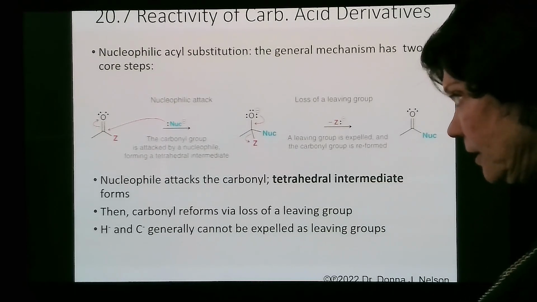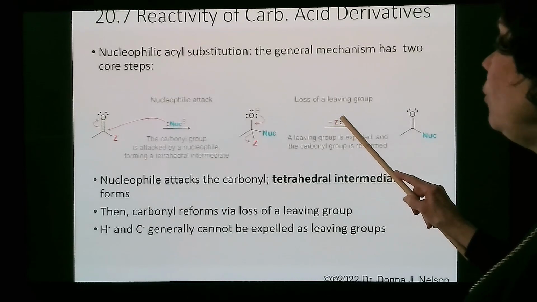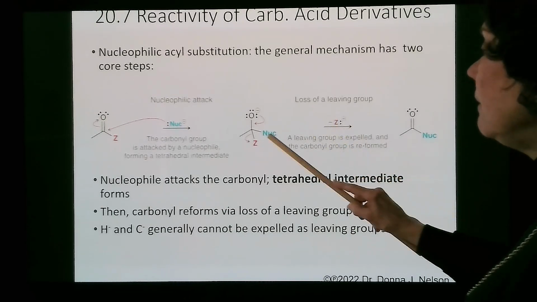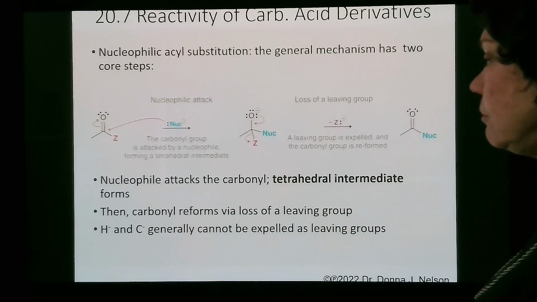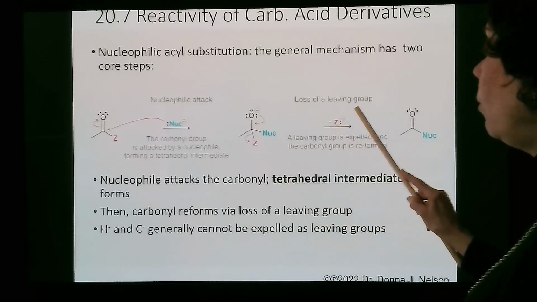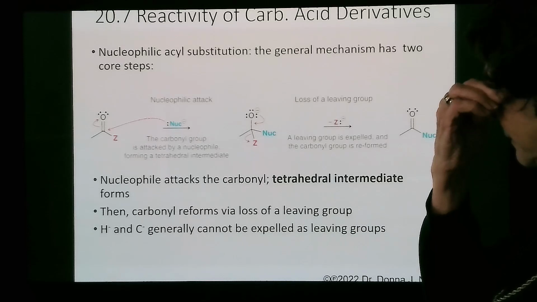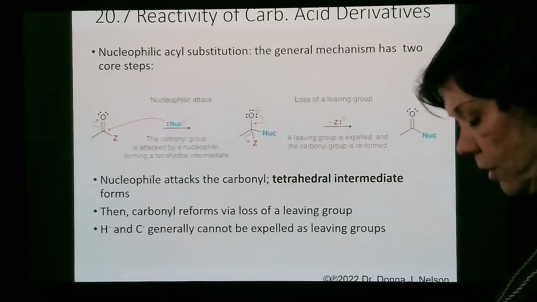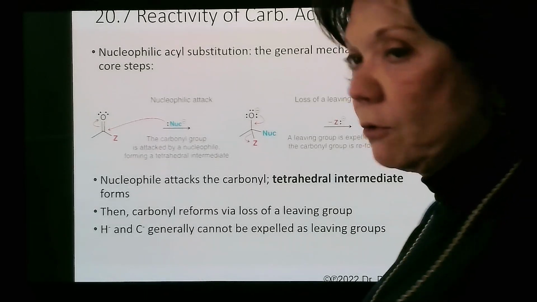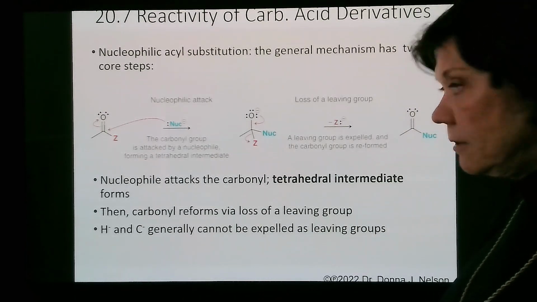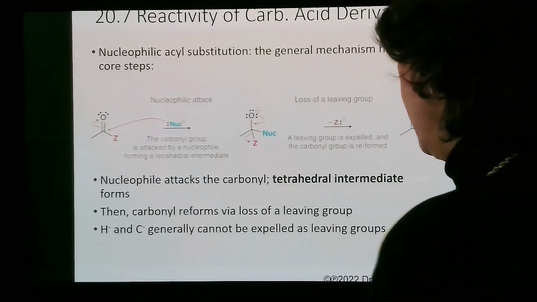In some cases, the leaving group will have to be protonated in order to lose the leaving group, but that's not a problem. We see protonation and deprotonation all the time. Those are very common steps in organic chemistry.